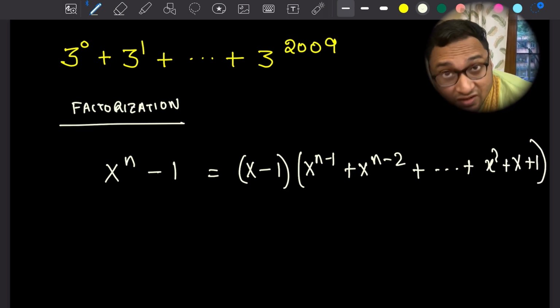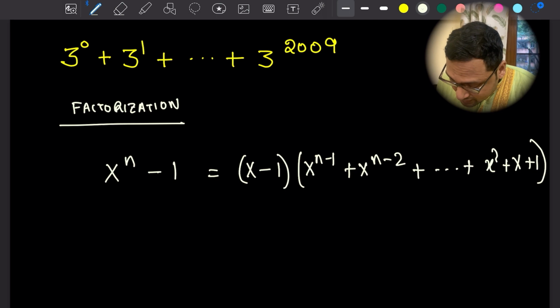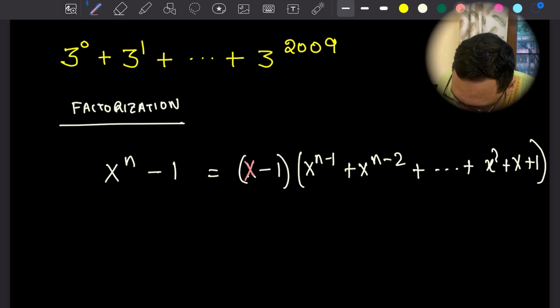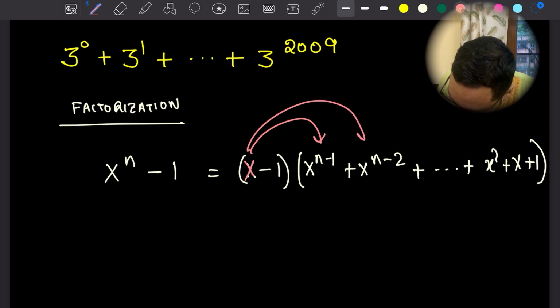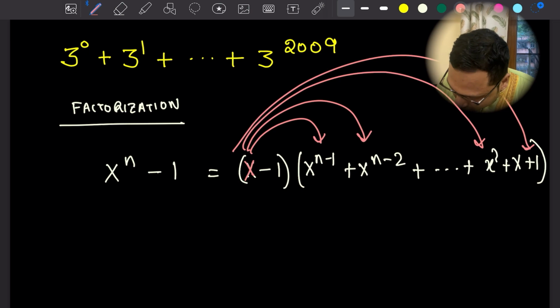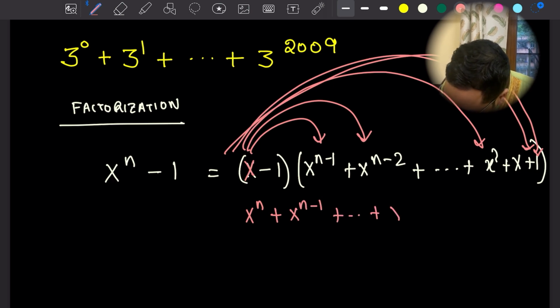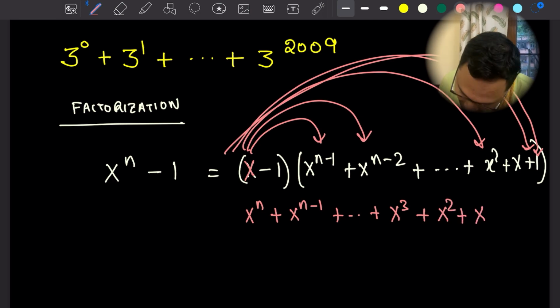This is the factorization. Now, one way to see why this factorization is true is that you can just multiply stuff out. If you multiply it with x, what you get is x to the power n, x to the power n minus 1 up to x cubed plus x squared plus x.